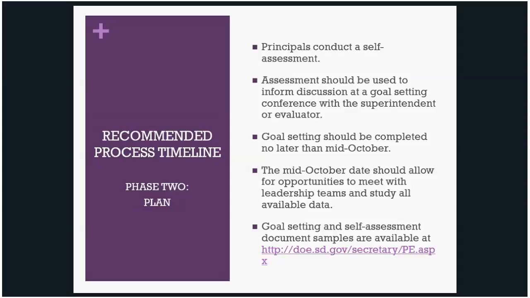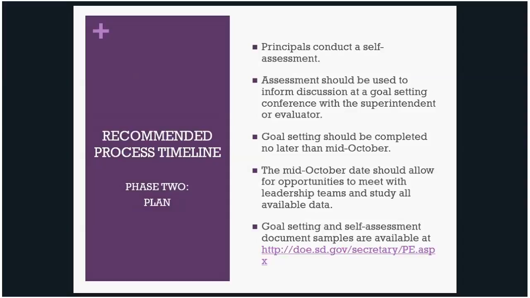I think the mid-October date allows for opportunities for principals and superintendents to meet with leadership teams and study all the available data, any assessments that you have, whether they're academic type assessments, maybe they're surveys you've conducted with your community or with your staff, but it really gives you an opportunity to gather all that data together.